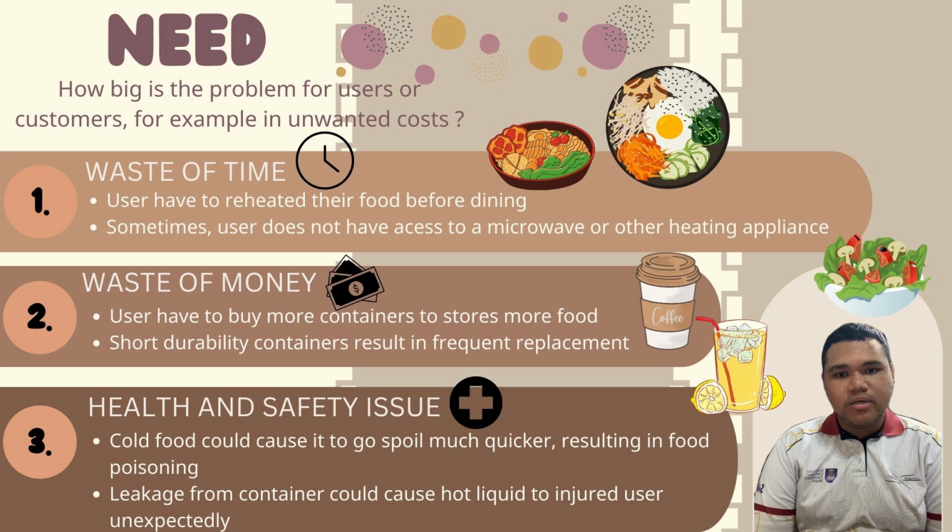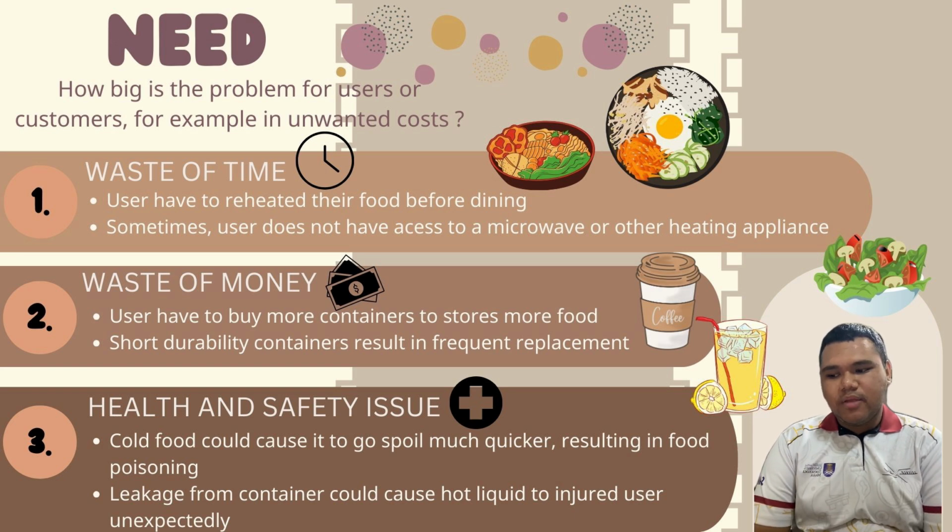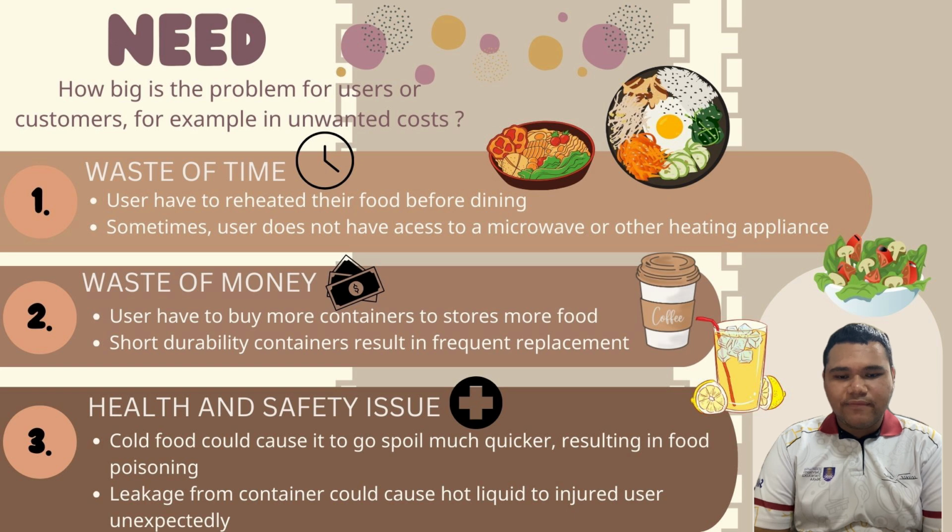Like I said earlier, we usually have a lot of portions of food to eat. So since most containers only have one compartment, this means that we have to buy more containers to bring more food. Second is that most containers have short durability, resulting in frequent maintenance and replacement.